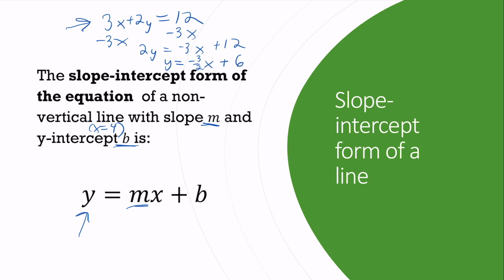Right now I've isolated my y. Now I know my slope is negative 3 halves for this extra bonus example, and my y-intercept is 6. When I know my slope, which is my rise over run, and I know my y-intercept, so where my graph crosses the y-axis, I can begin to visualize what this graph looks like.